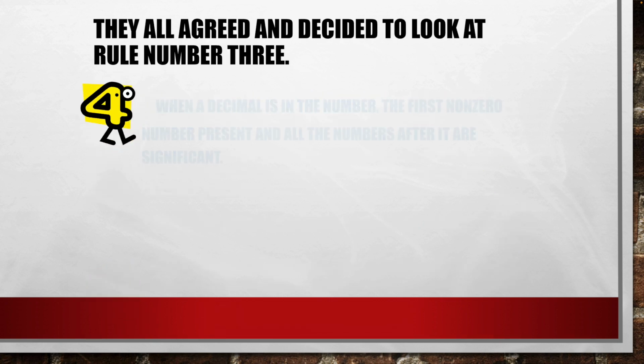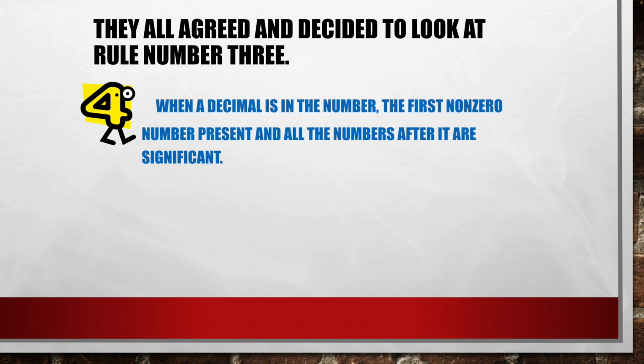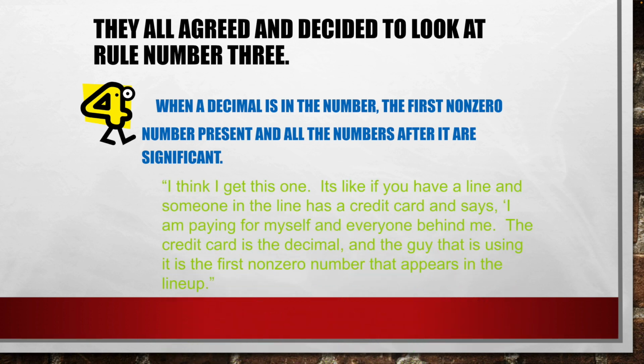Rule number 3 says when a decimal is in the number, the first non-zero number present and all the numbers after it are significant. So it's like if someone in line has a credit card and says, "I'm paying for myself and everyone behind me." The credit card is the decimal and the guy that is using it is the first non-zero number that appears in the lineup.